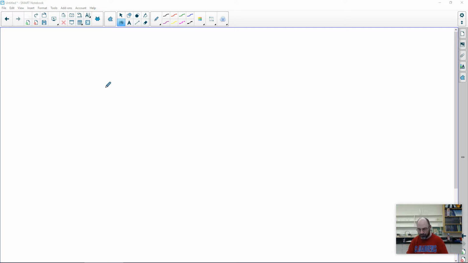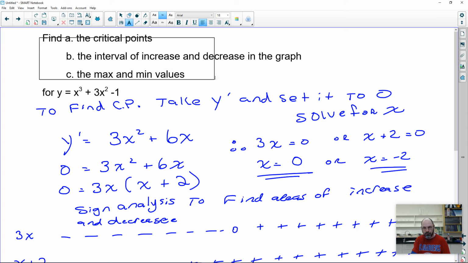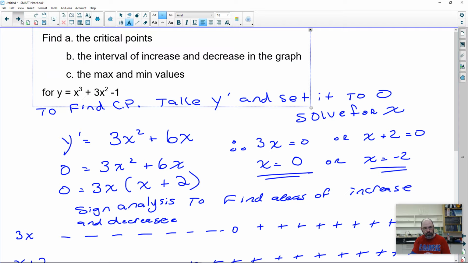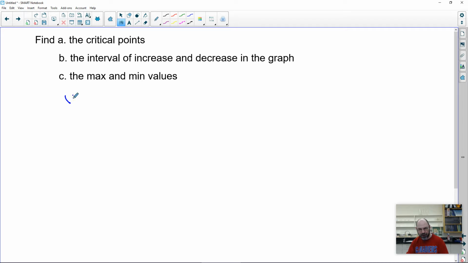So let's say we had the same idea, find, and let's say the curve is, I have to make this one up, y equals 4/5 x to the 5th minus 4/3 x to the 3rd plus 10.